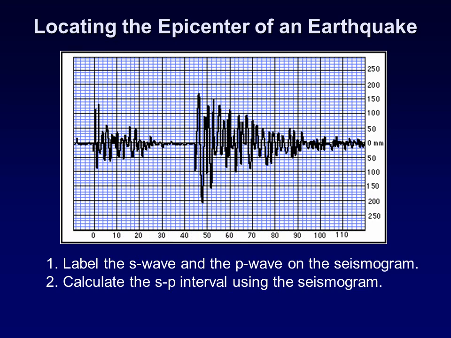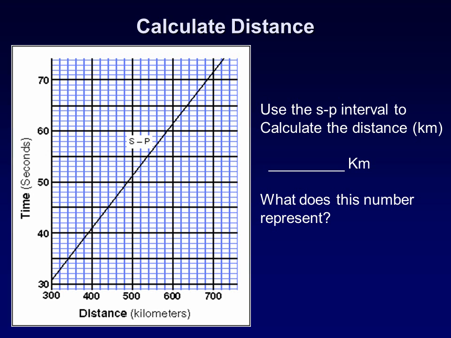We lucked out with this example because it's right at 0. So 44 minus 0 gives us 44 seconds, and that is what our SP interval is for this graph. So it took 44 seconds before the slower secondary waves arrived at the seismic station.